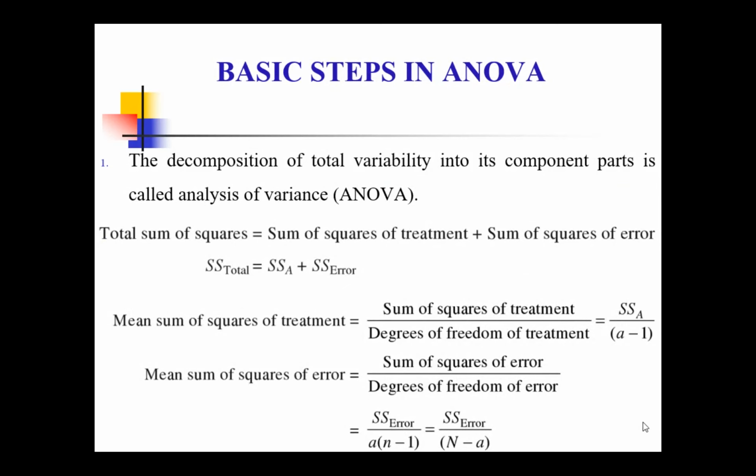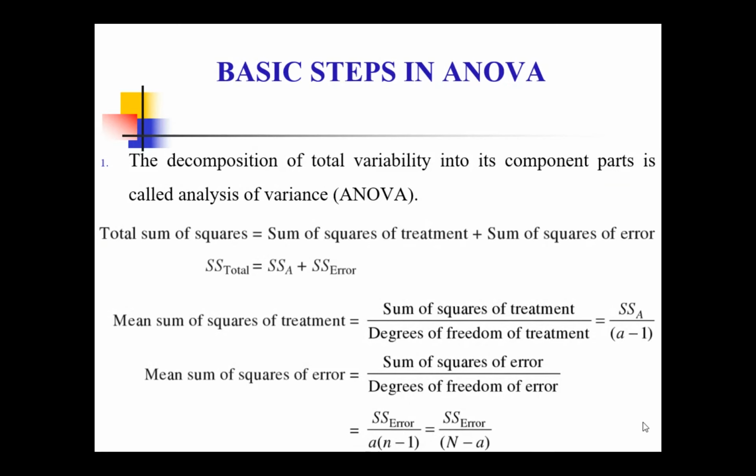So what are the basic steps in ANOVA? ANOVA is nothing but the decomposition of total variability into its component parts. So we are going to decompose the total variation into component parts, depending upon the input parameters that we are selecting.